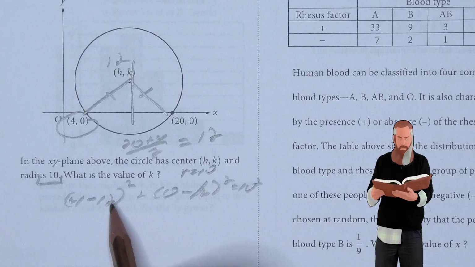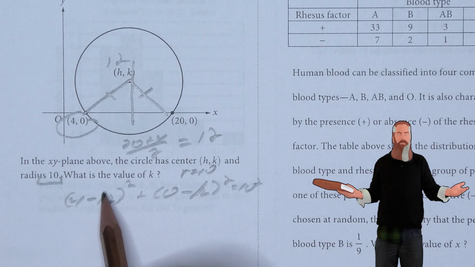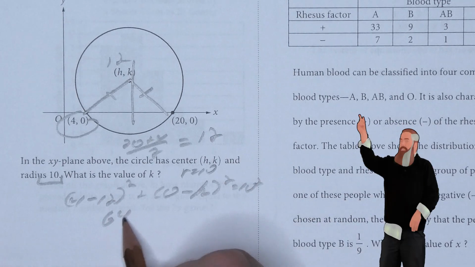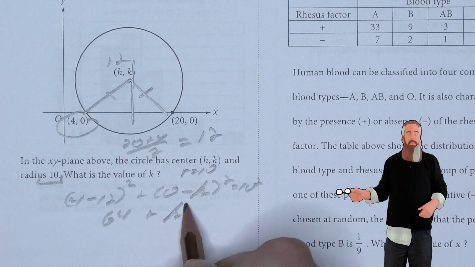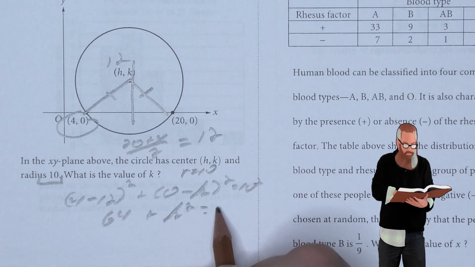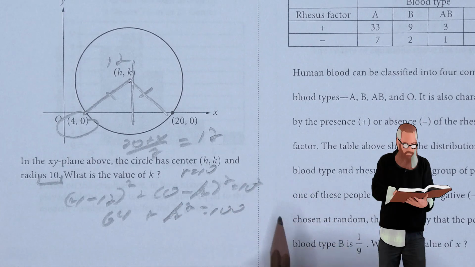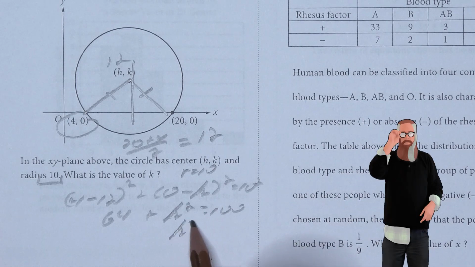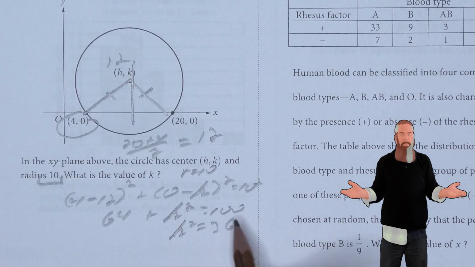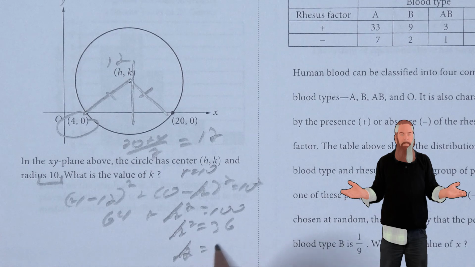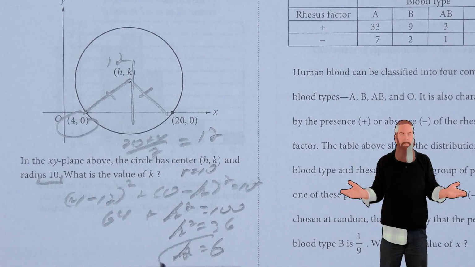Now 4 minus 12 is negative 8, and negative 8 squared is 64. This is going to be plus k squared equals 100, which means I can subtract 64 from both sides, giving me k squared is equal to 36, or that k is equal to 6.